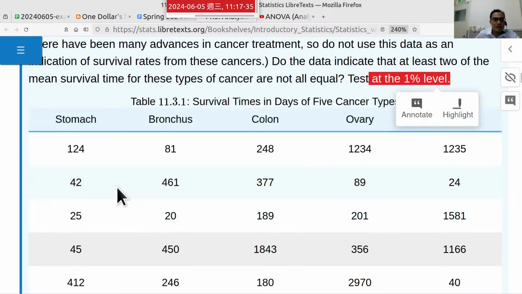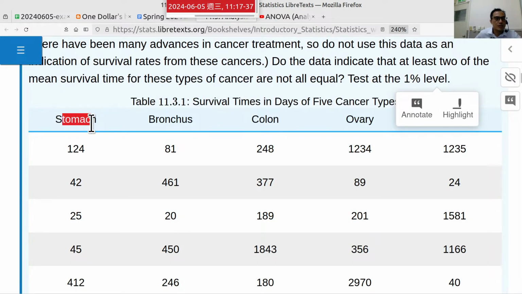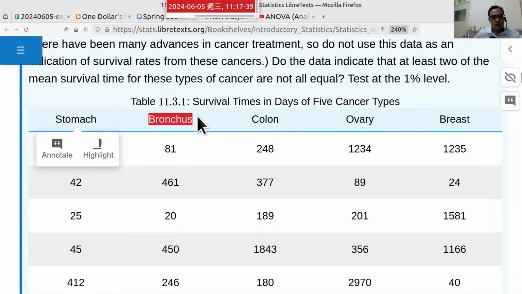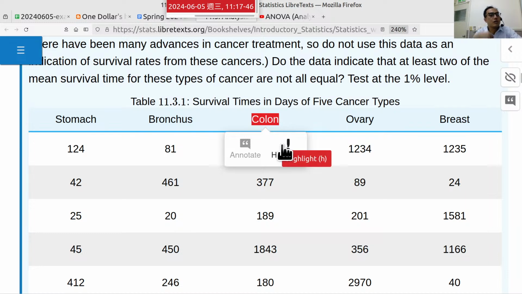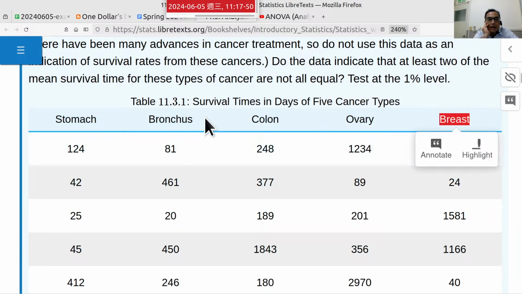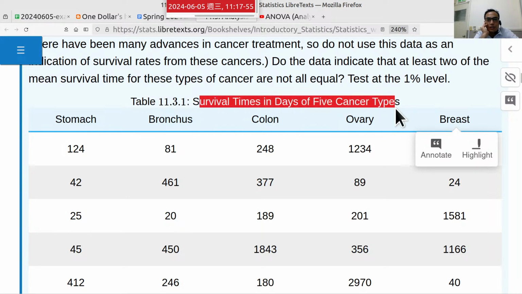Okay, let me explain that. Stomach. Okay, bronchus is part of our lung. Colon, large intestine. Okay, and ovary and breast, and survival times in days of 5 cancer types.